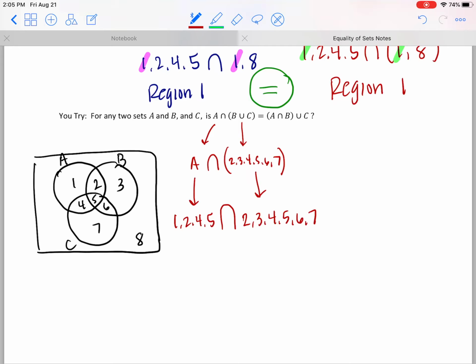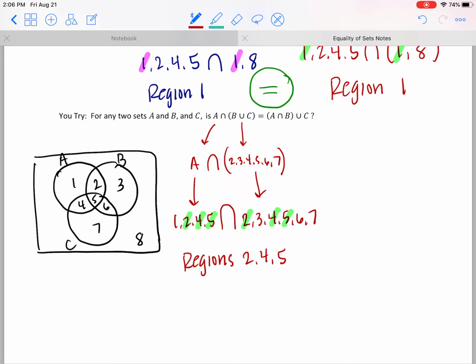So if I intersect those two groups, what is the same on both of their lists? What do those two groups have in common? Okay, so they both have a 2, and they both have a 4, and they both have a 5, and that would be it. So those operations lead us to regions 2, 4, and 5.